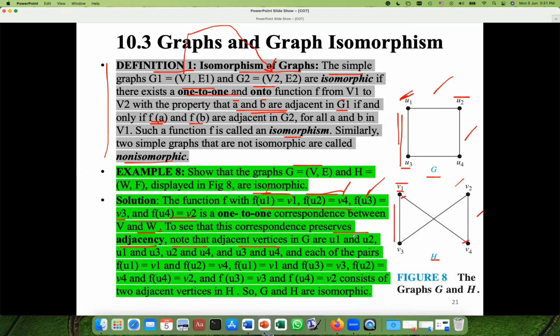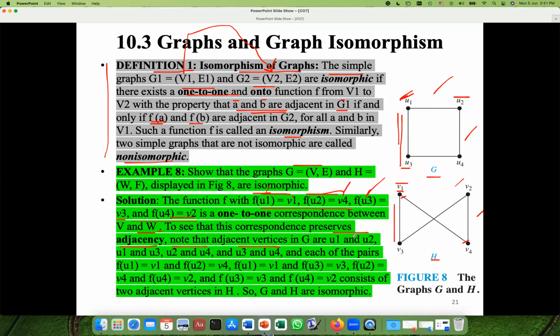Similarly, they must have the same number of nodes or vertices. Yeah, that is needed. They must have the same number of vertices and the same number of edges. Then they can be similar, then they can be isomorphic.